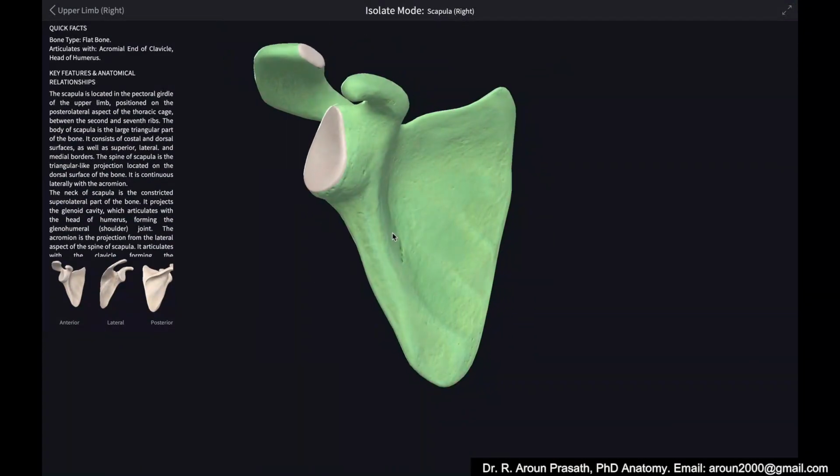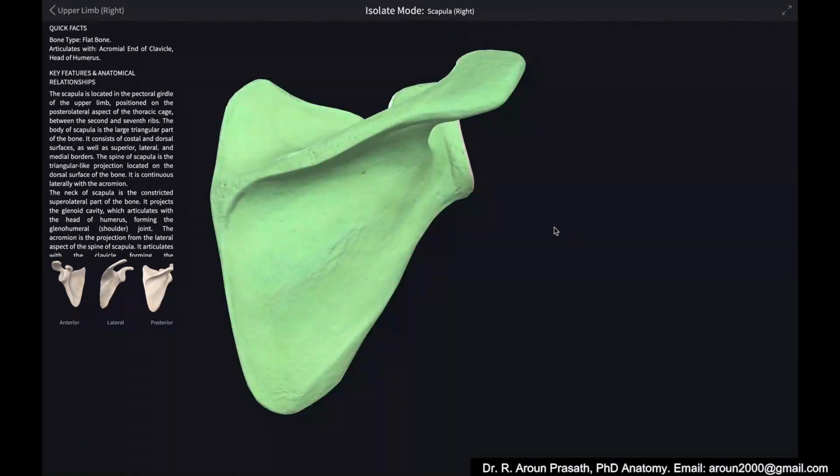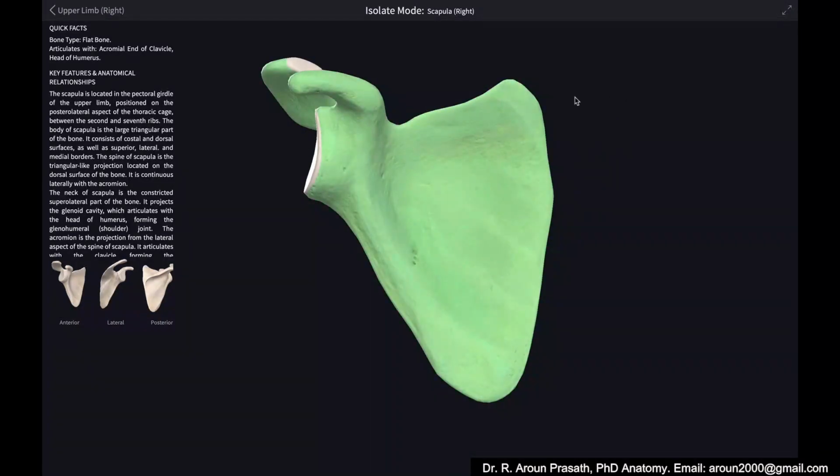This is the anterior view of the scapula and this is the posterior view. This is the medial border, this is the inferior angle of the scapula, and this is the lateral border.